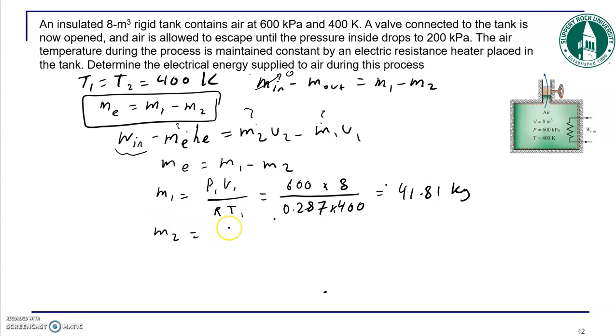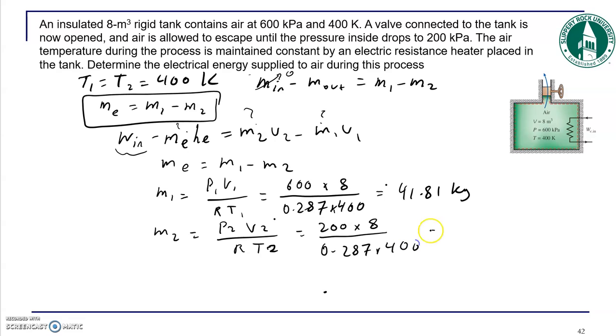For m2, we use the same equation, except that we have to use the final condition, right? So the final pressure is 200 kilopascal. The final volume is the same, right? It's a rigid tank, so the volume does not change. And R is 0.287.